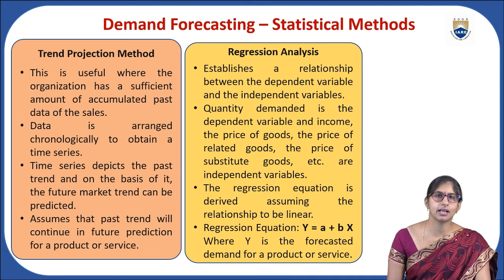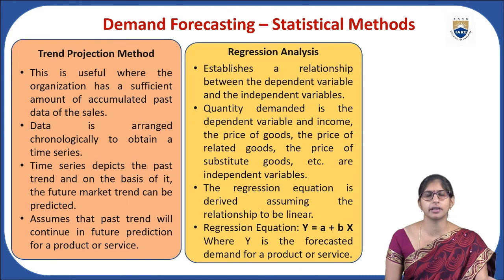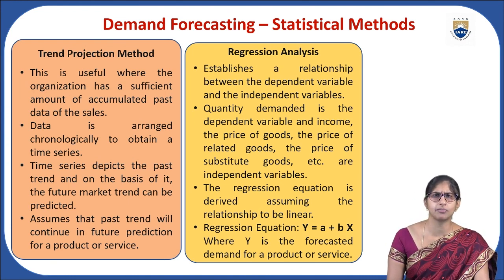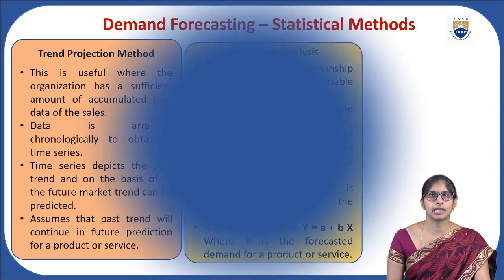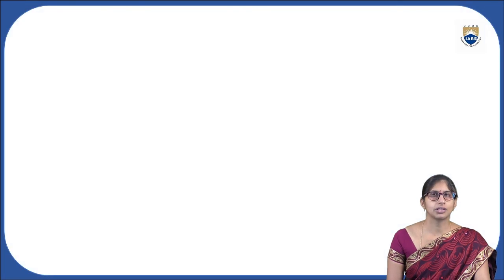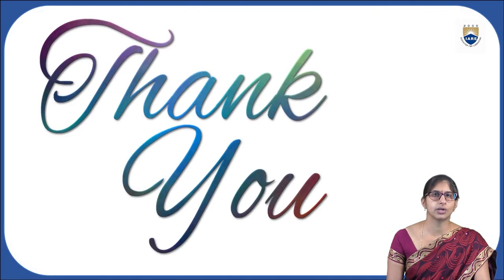So based on the price of one substitute good, we are estimating demand for the other good, or in the case of complementary goods or substitute goods, any variable can be considered to estimate the demand in this condition. So this is all about regression analysis. These are all the techniques of demand forecasting.